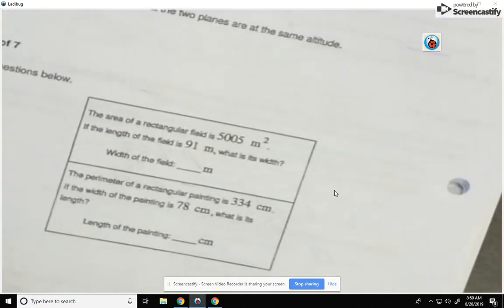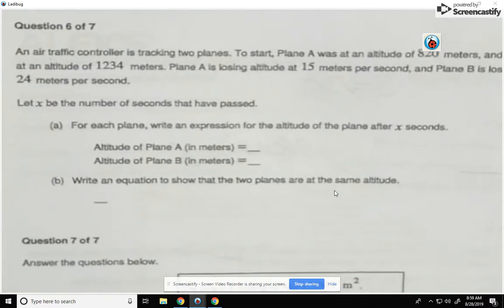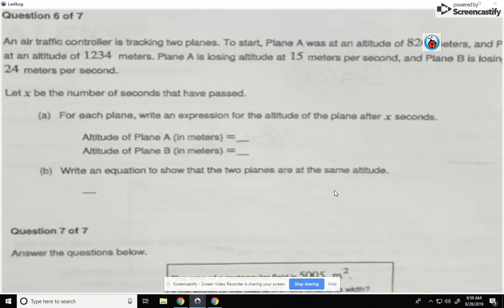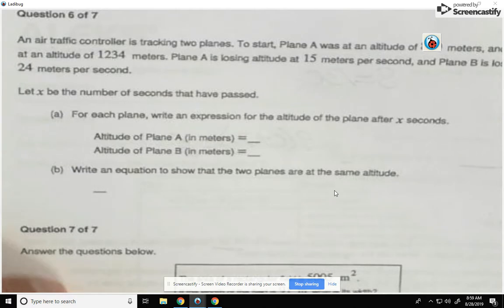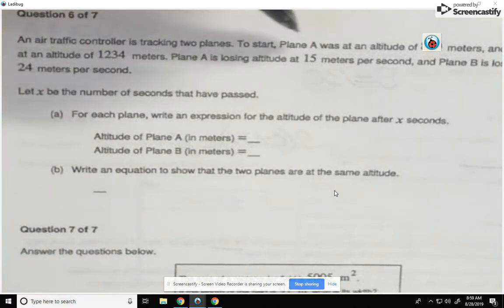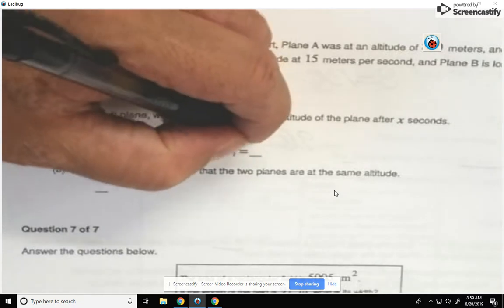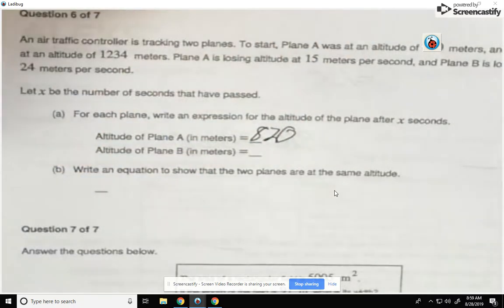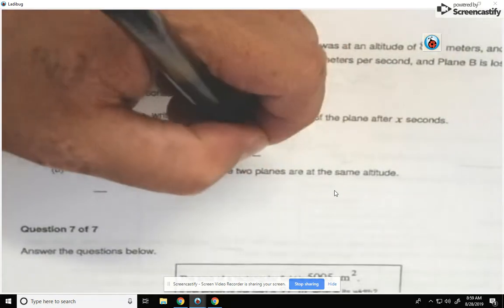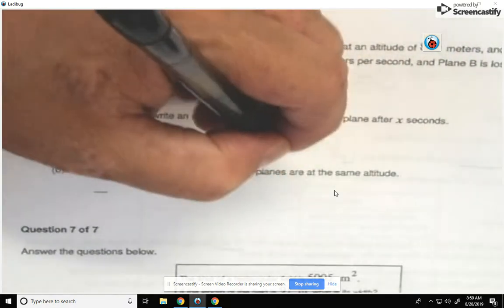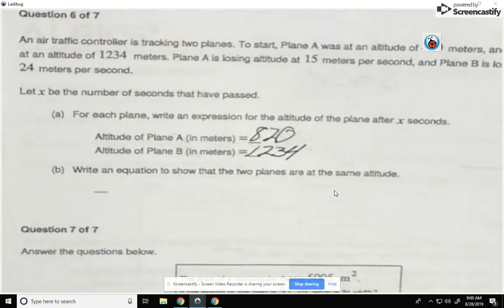Okay, question 6 is asking us a question about altitude. We're getting 2 different things here, so we have A and B. Plane A has an altitude of 820 meters, so we start at 820 meters. Plane B has an altitude of 1,234 meters, so that's our starting point there.